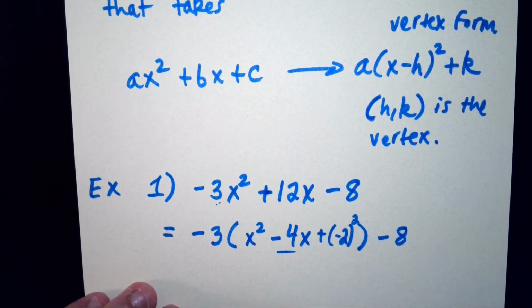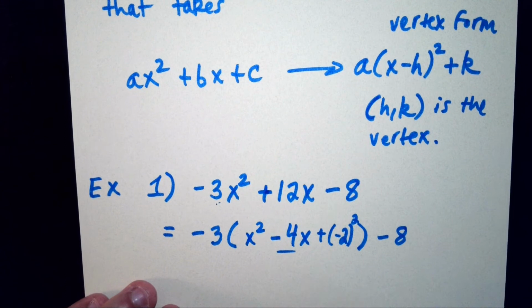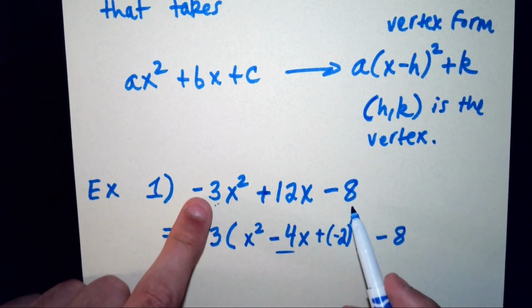Okay, so we've added 4 within the parentheses, but what's the net effect? Well, remember, we have to distribute the minus 3 through these. So really, we're going to have minus 3 times 4, which is minus 12. So we've introduced minus 12 that was not there at the beginning.